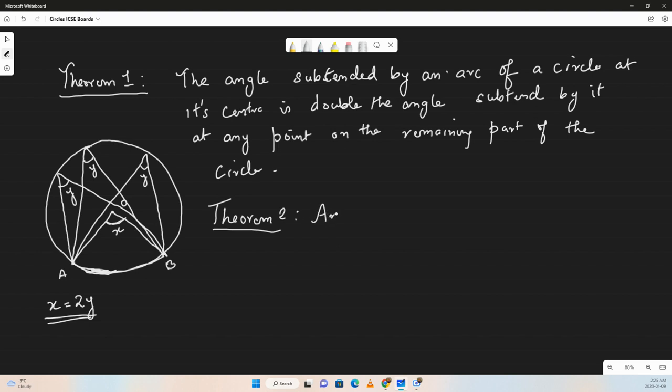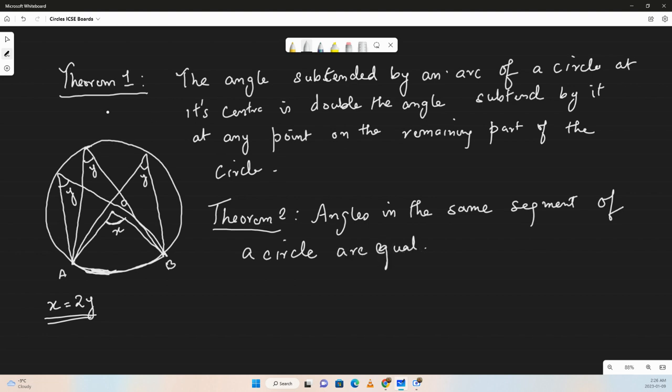Angles in the same segment of a circle are equal. Okay, so that is our theorem 2. Theorem 1 and theorem 2 are very similar and come from the same concept.